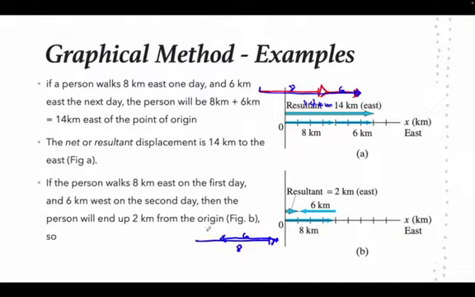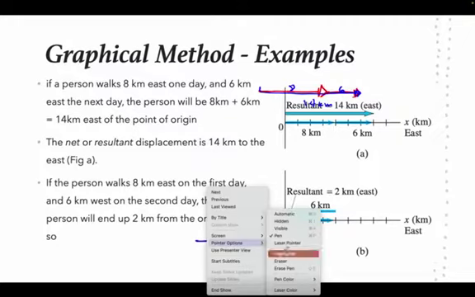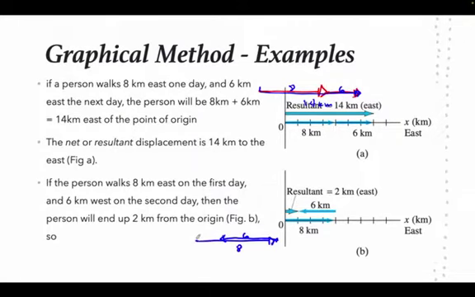Then my resultant vector will be from the beginning of the first vector to the end of the second vector. This right here will be the resultant vector, right? And this would be 2 kilometers east, right? So this is an example of how to use the graphical method when both vectors are horizontal or vertical.